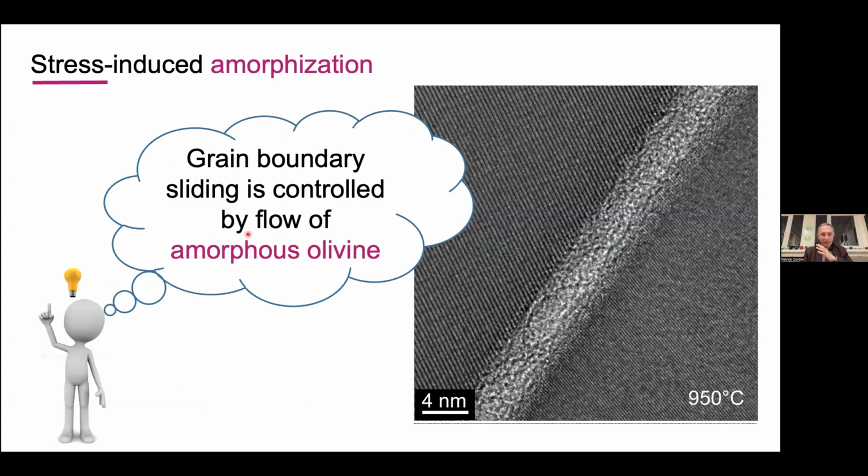But then it changes the perspective a little bit, because since now we have this amorphous layer at the grain boundary, the rheology of the polycrystal depends very much on the rheology of amorphous olivine, and this is something that was not new, and we decided to give some attention to this problem.